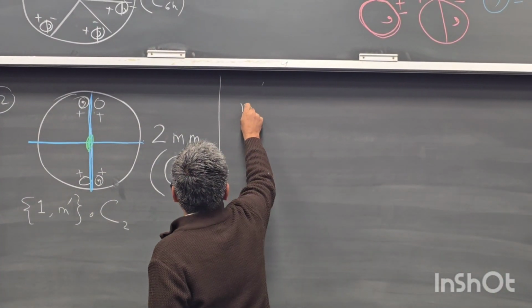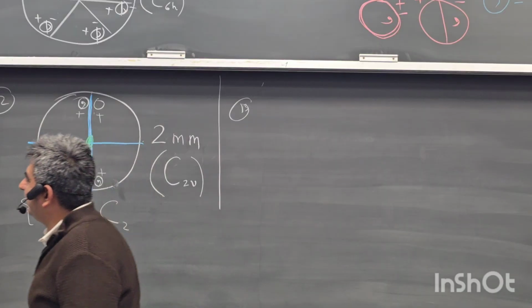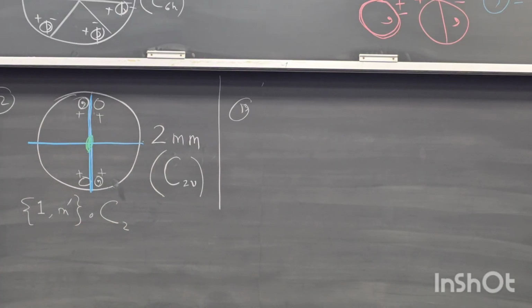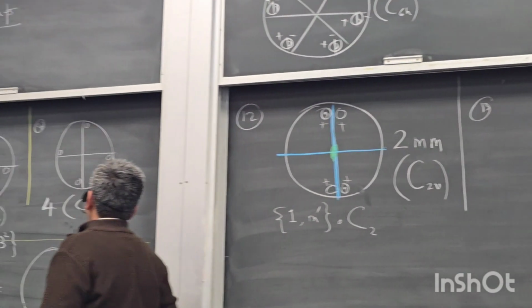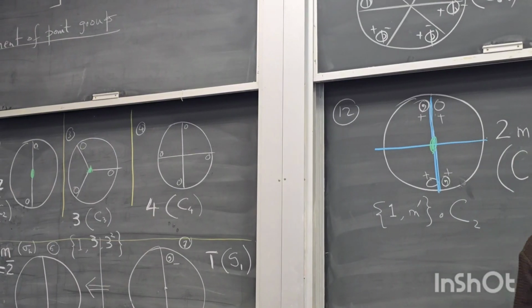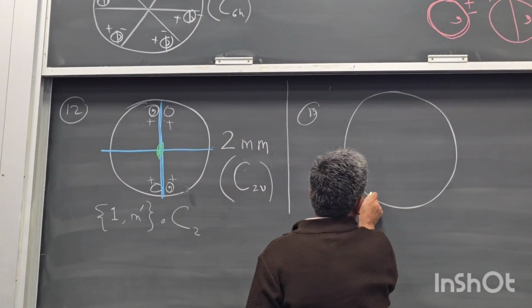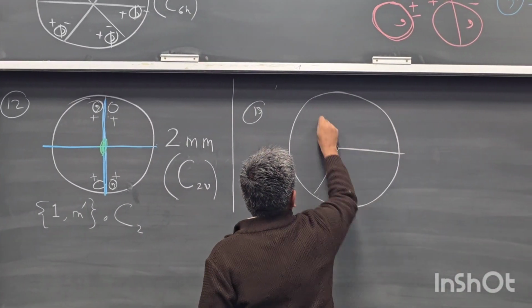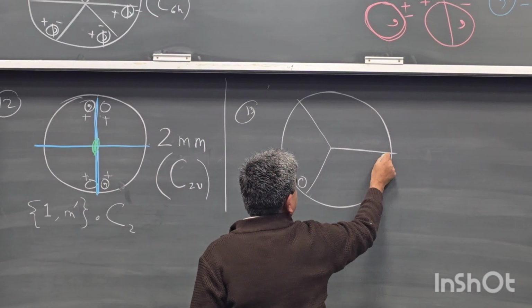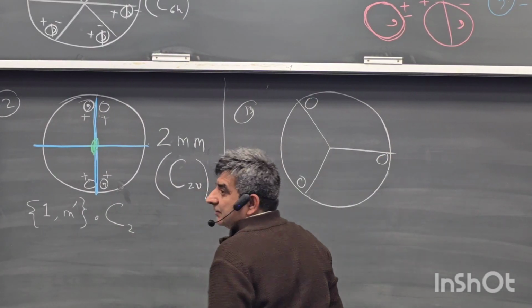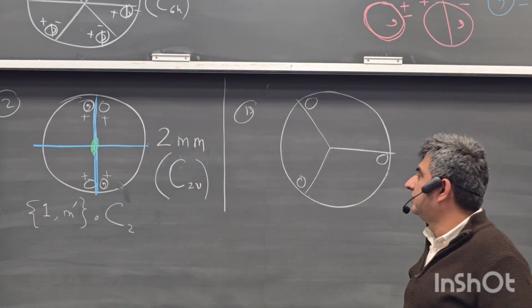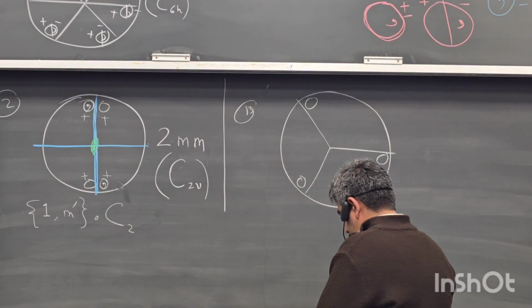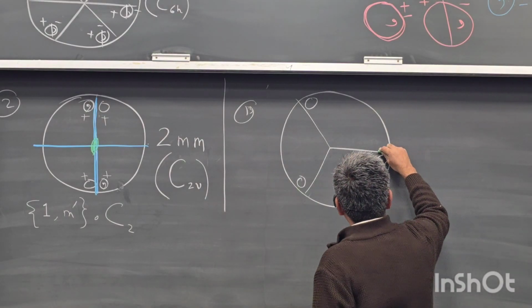So likewise, I can have C3V. C3V is, if I put a mirror plane over here, let me first draw C3. This is C3. If this were my mirror plane.